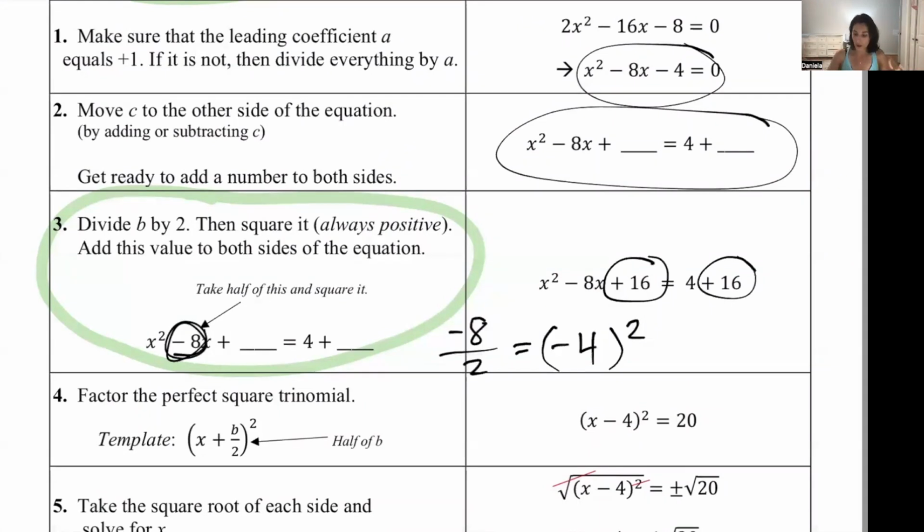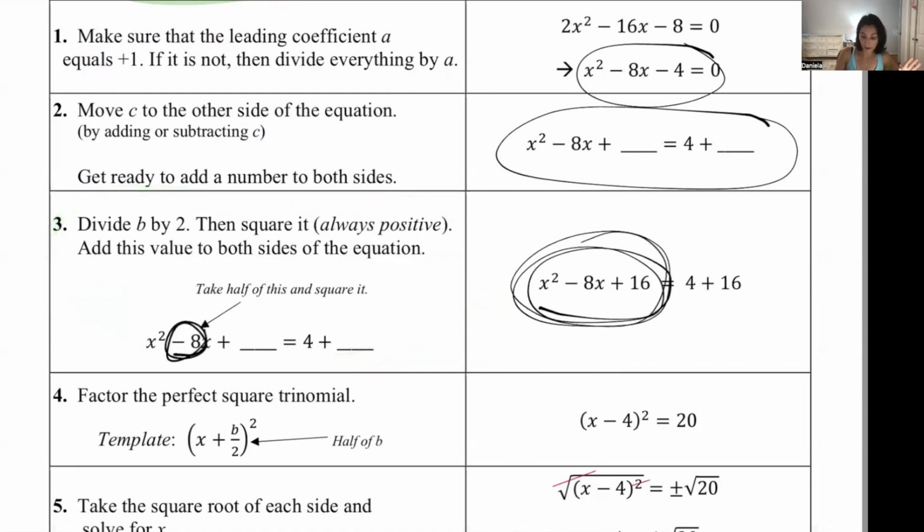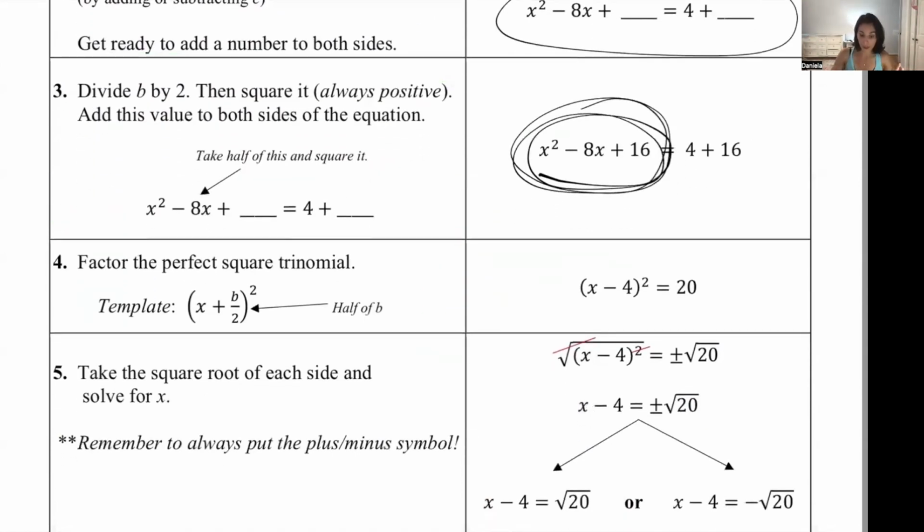But why would we want to go through all that work? Now when we add 16 to both sides, this turns into what's called a perfect square trinomial. You can factor it using the AC method, or remember the template I talked about before is always x plus something, squared. That something is always half of b.